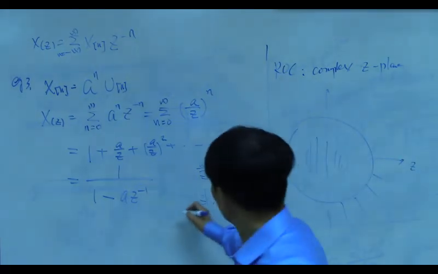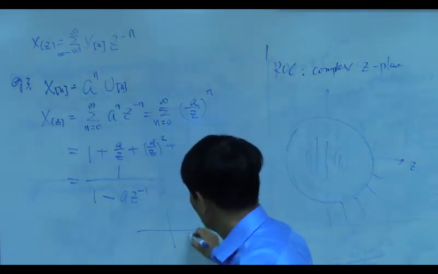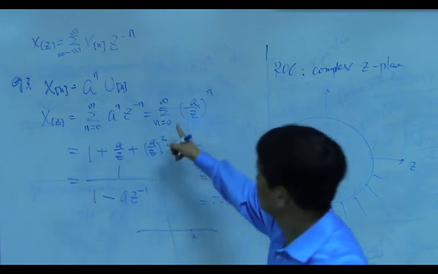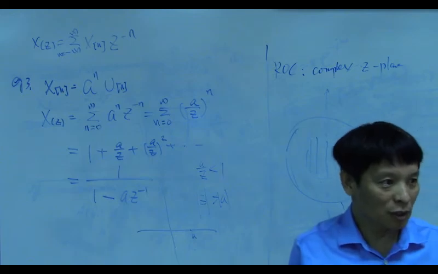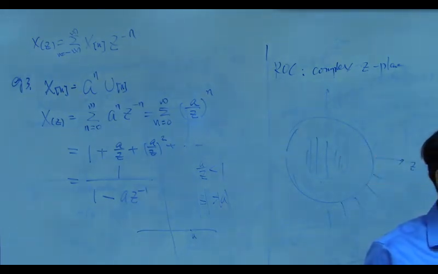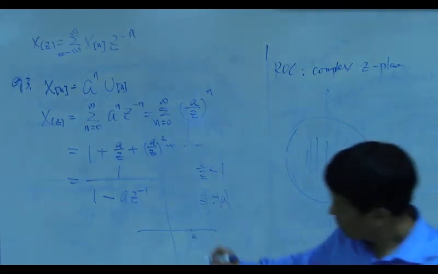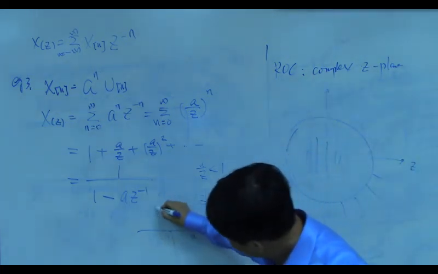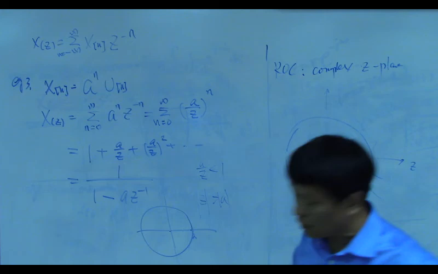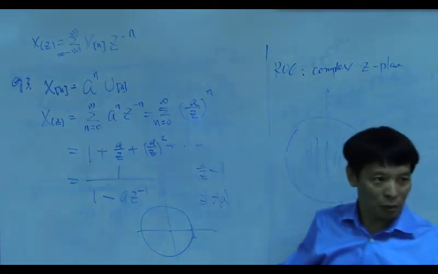So the region of convergence for this will be, suppose we know a, and suppose a is here, then what is the region of convergence? We need to draw a circle centered at the origin, with radius equal to the absolute value of a.